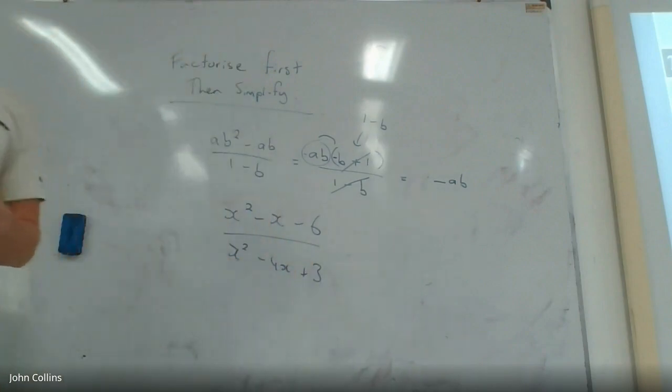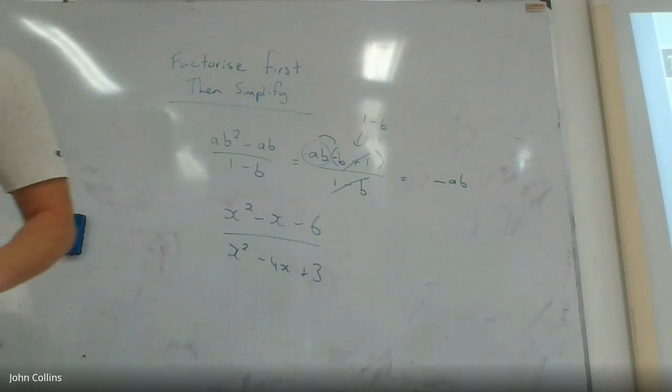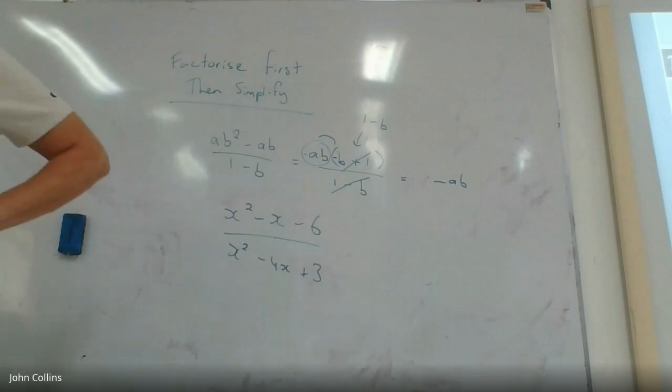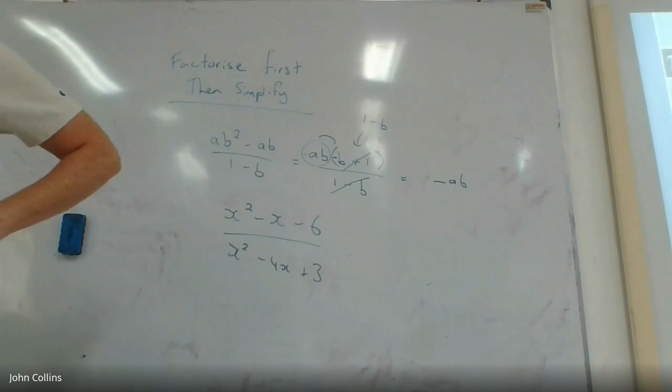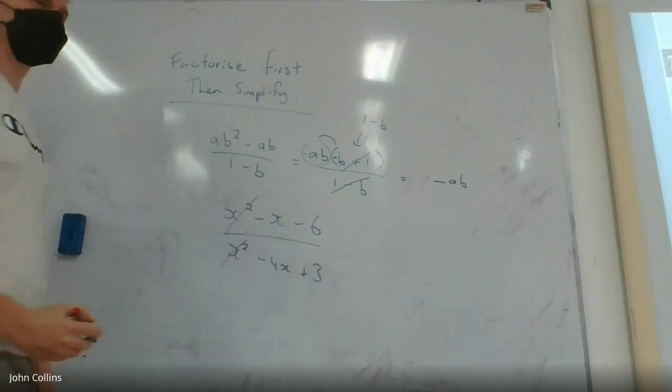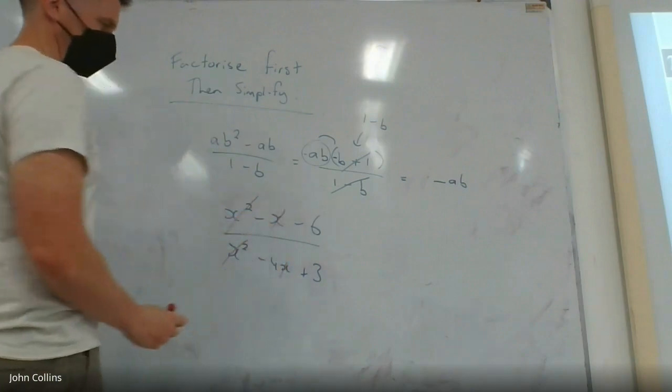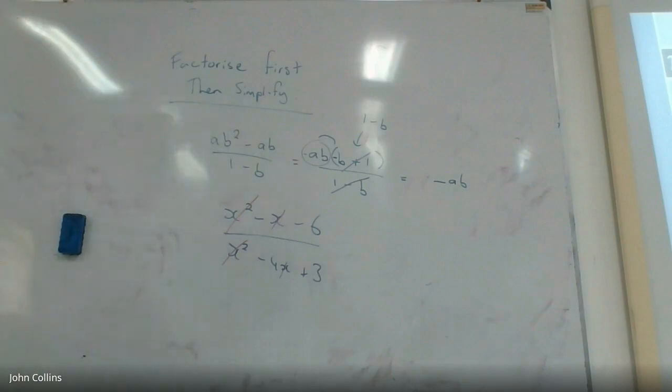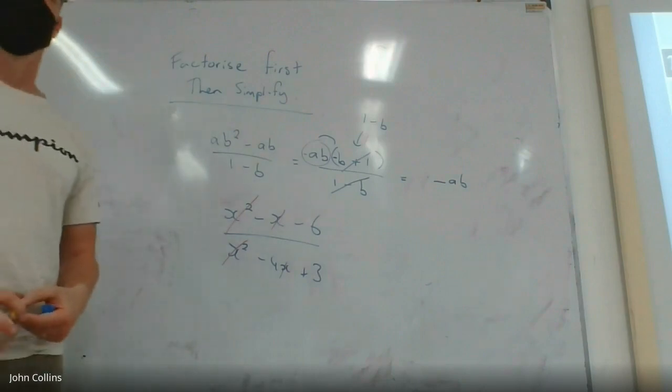And the temptation here always is, look, easy, cancel the x, and then we're just left with like 6 over 7 or something. Don't take that down.